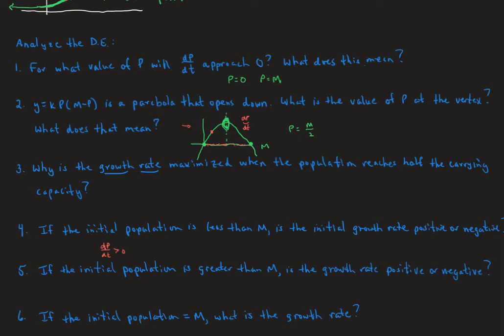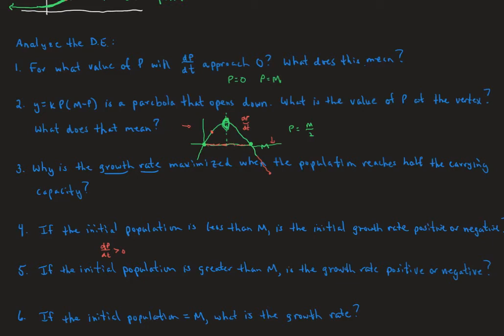If the initial population P is greater than M, is the growth rate positive or negative? So you can see in our graph of dP/dt, if you were to start with a value that is bigger than M, that would put you on a part of the parabola that's below the x-axis. That's going to be a negative value.